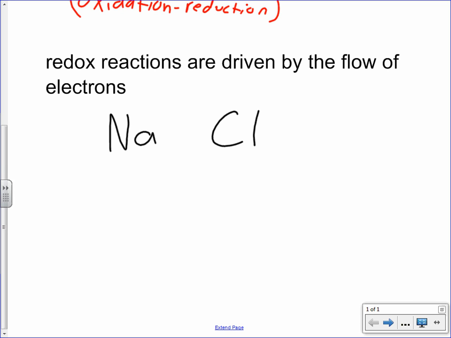If an electron were to flow from sodium to chlorine, sodium will now be positive and chlorine will be negative. They're going to be ions now. Okay? That's what happens in a redox reaction. It's driven by this flow of electrons. And we've talked about that before when we talked about how ions are formed.